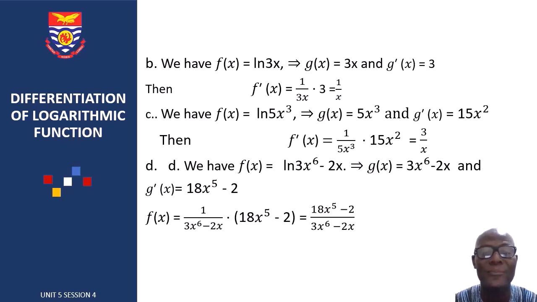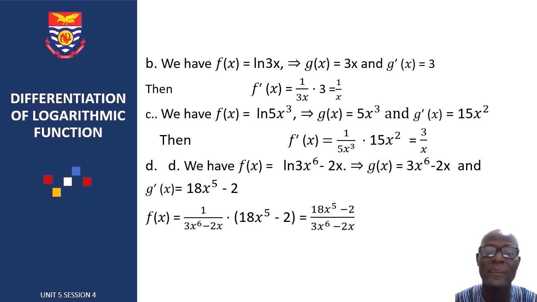D, the function given is f of x equals ln of 3x exponent 6 minus 2x. So we differentiate 3x exponent 6 minus 2x, which gives 18x exponent 5 minus 2.